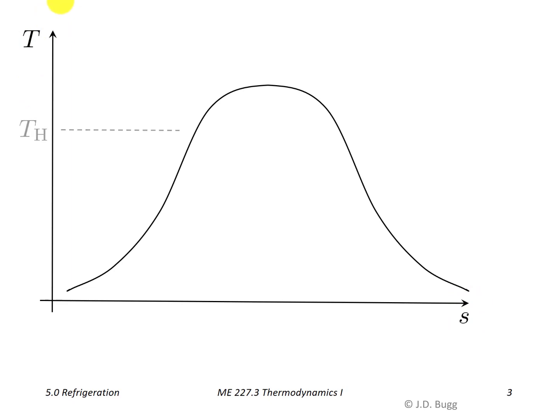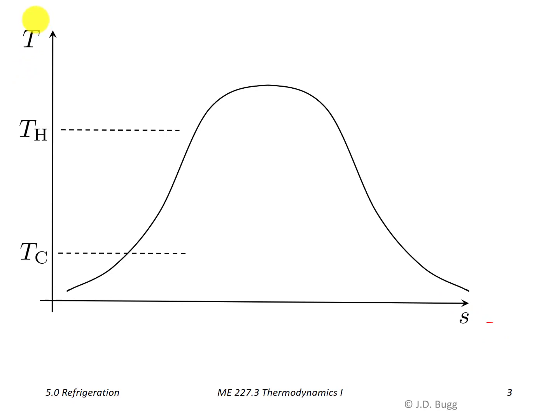Now, the two temperatures that we're operating between are TH and TC, and because this axis is temperature, those constant temperature processes are just going to be horizontal lines, and because the other two processes are reversible and adiabatic, they'll be vertical lines. And you'll remember this when we introduced TS diagram before, that a Carnot cycle is just a rectangle on TS coordinates.